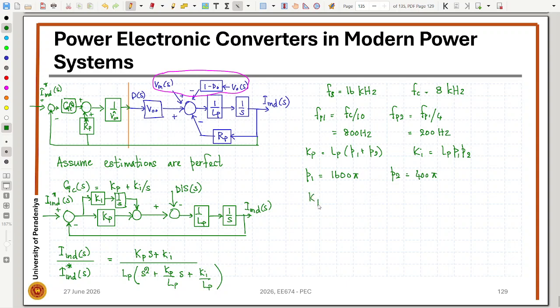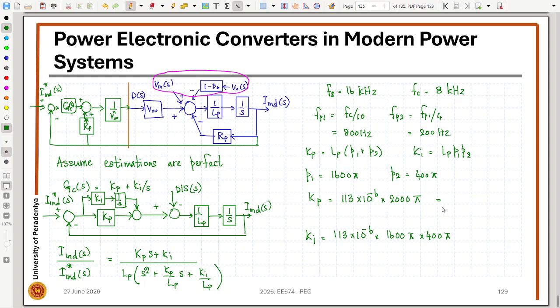Therefore Kp is going to be, so the Lp value is 113 times 10 to the minus 6, times the addition, which is going to be 2005. Ki is going to be 1605 times 405.